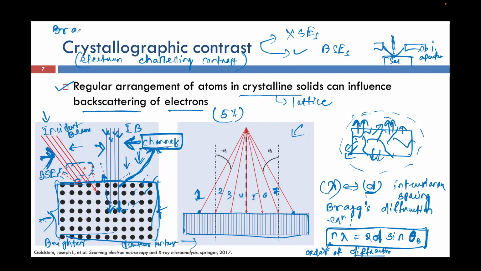Remember, the planes which will be diffracting are called Bragg's planes. I am writing it here. When this kind of contrast arises, the backscattered electrons will go and create a series of lines at some angle.